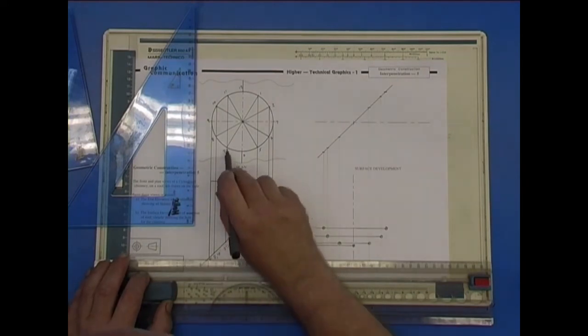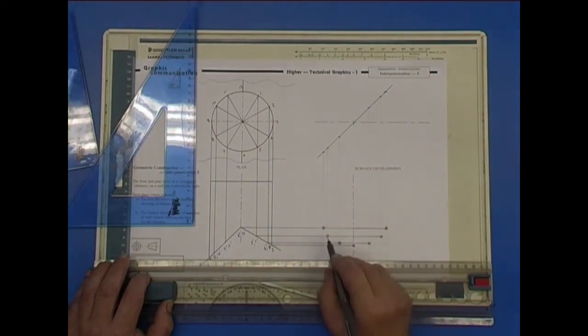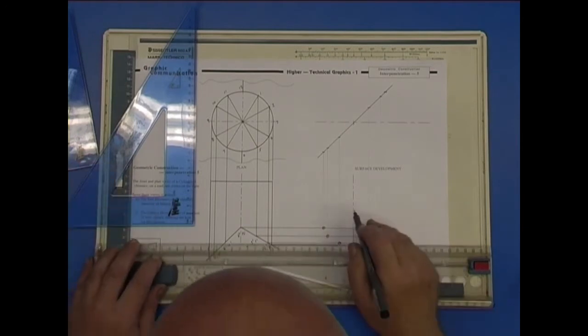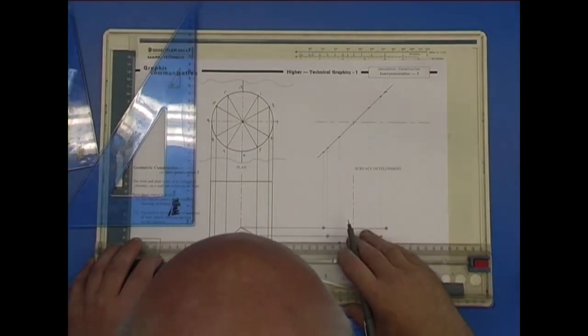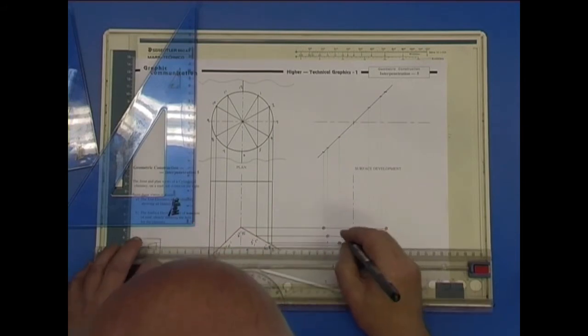12, 7 and 11, 7. 7 is down this line here, so 7 is on that point.